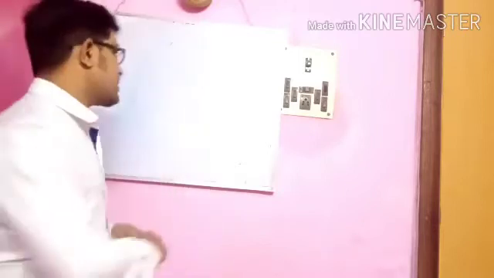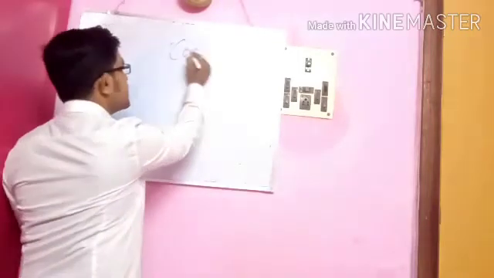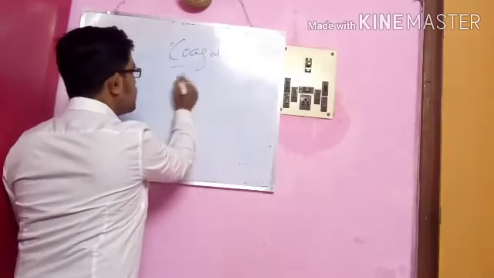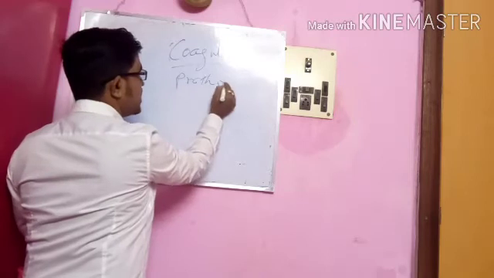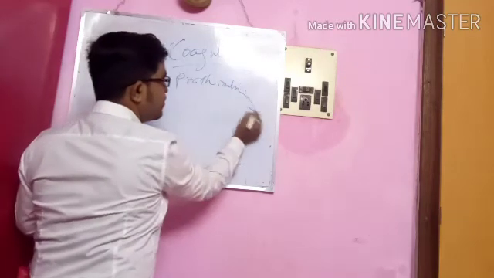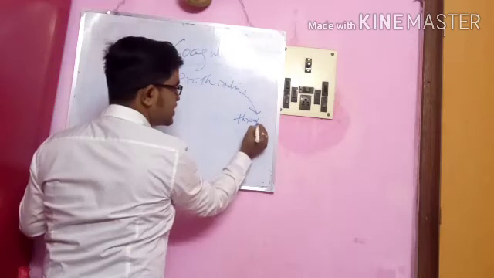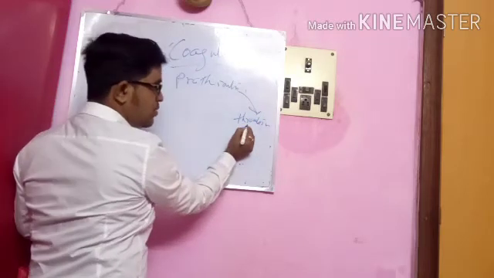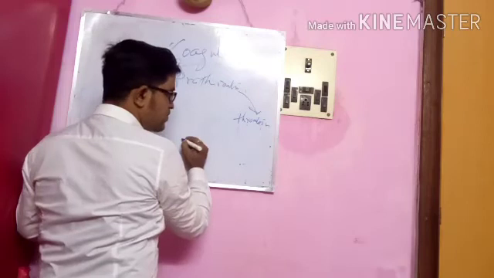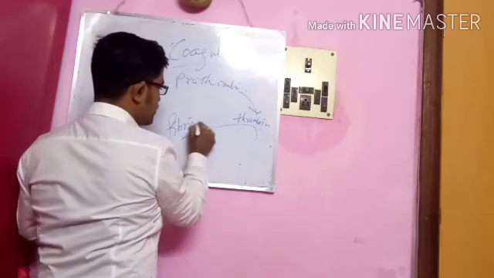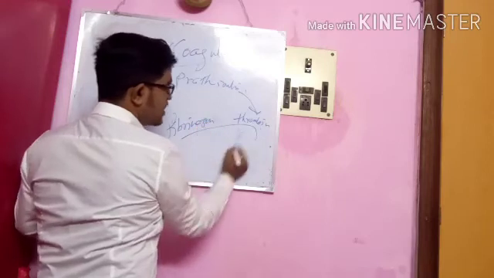Prothrombin will get activated and form the thrombin. In the presence of thrombin, fibrinogen will get converted to fibrin.